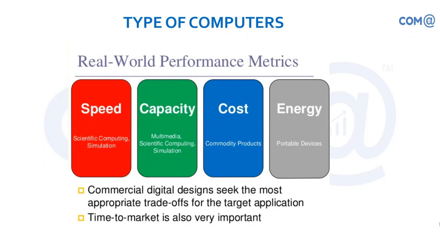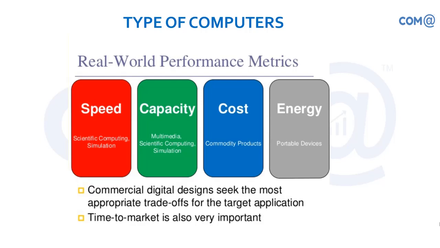Types of computer based on real-time exposure. If you go and buy a computer, or want to understand what a computer is made up of, or how to measure whether it is good or not, we have to take these as basic parameters.